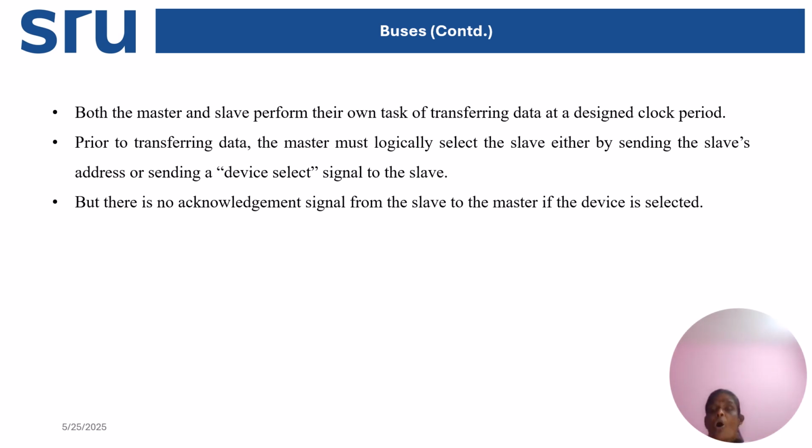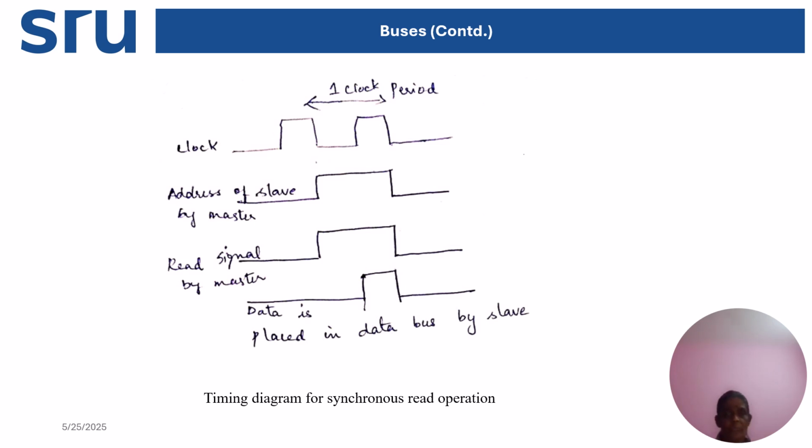If the master wants to send data to a particular slave, the master has to send the address of the slave. So in this way, data transfer between any particular slave and the processor happens. But there is no acknowledgement signal. Already I told you there is no signal between the processor, master and slave.